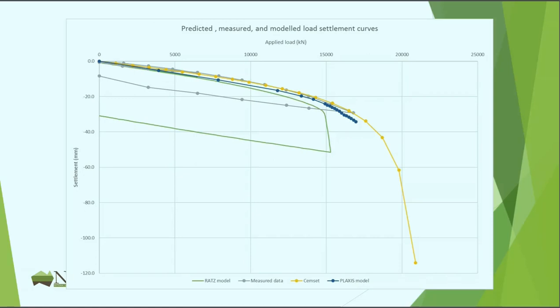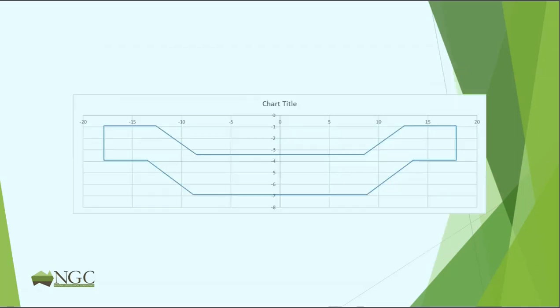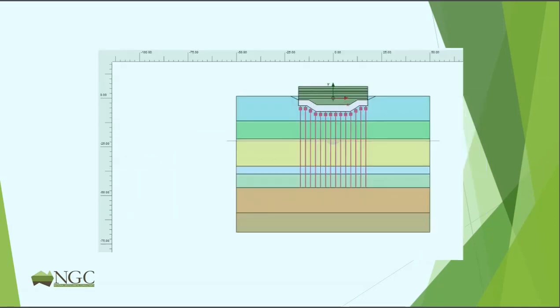matching with reality. So I then got foolish and extended that to a plane strain model to look at a slice through this foundation. This is what this mat foundation, 4 meters thick, looked like. This is how it fitted in the Plaxis model. And the green layers there, this is how I decided to try and model the building.